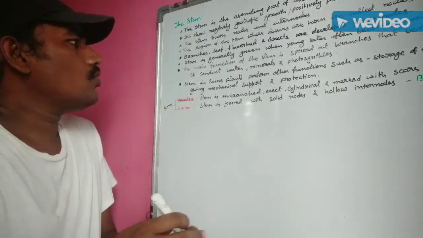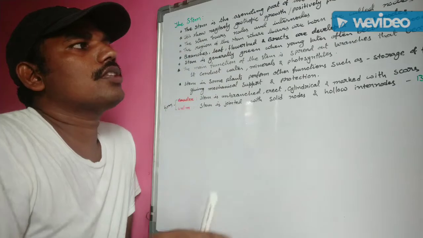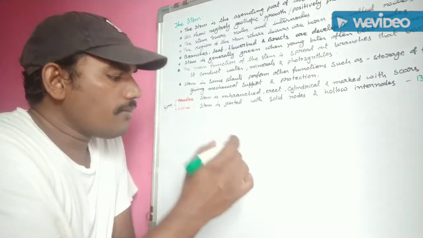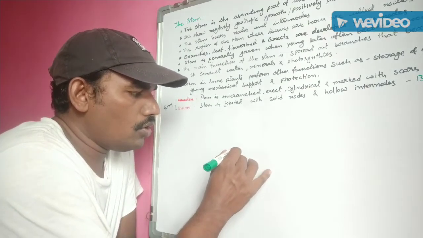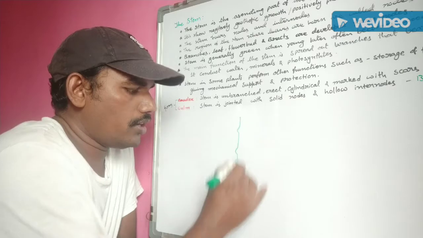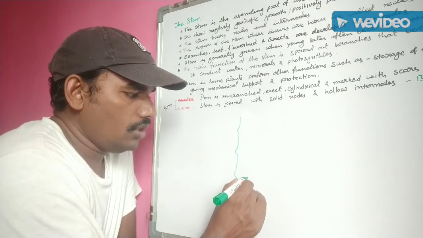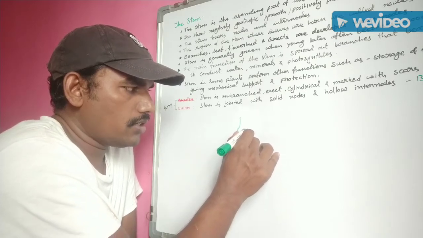Understand? Next, the regions of the stem where the leaves are borne are called nodes. This means the stem is distinguished into node, internode, node, internode, node, internode. This one is the nodal region. This one is the swollen place, called the nodal region.